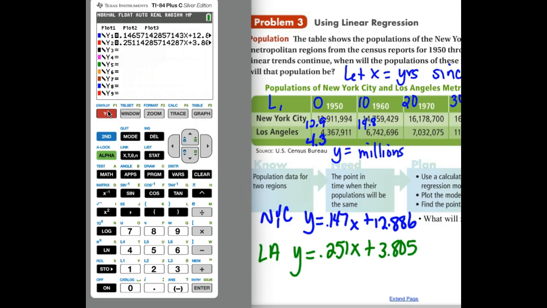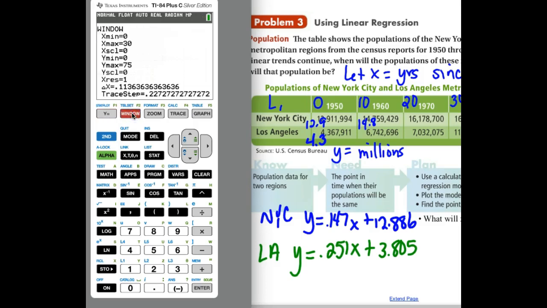We are going to go to our window, and I'm going to have you set x to go from 0 to 100, because we already have the data for up to 50. We know that in 50 years after we started, they still didn't match. So let's go up to 100 years. Our populations have been numbers like 12.9, 14.8.